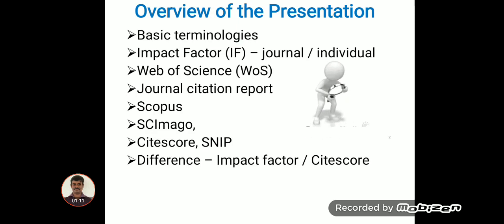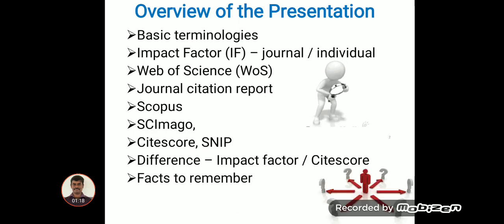Finally, we will see the key differences between impact factor and CiteScore and end up with the main facts that you have to remember for impact factor.